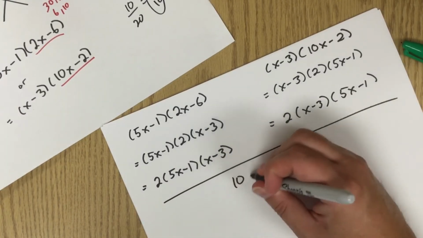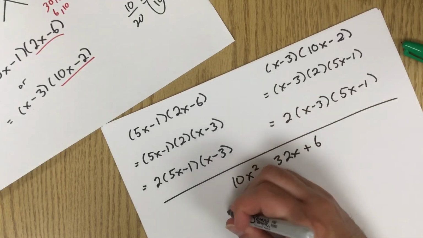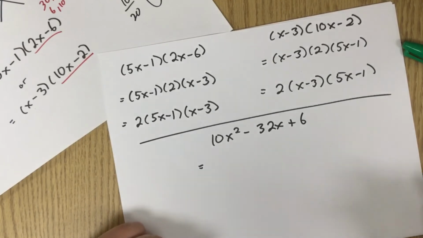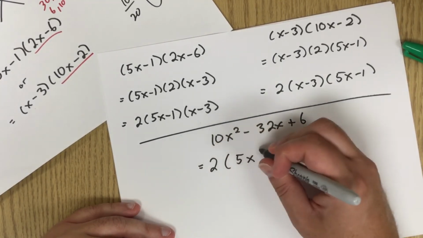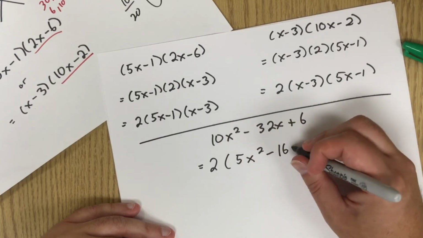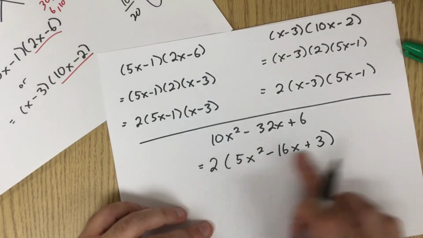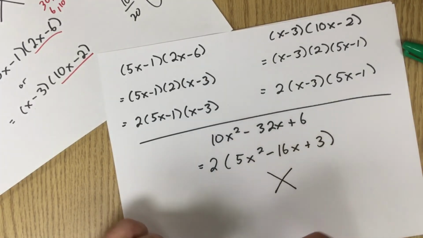So if we had 10x squared minus 32x plus 6, what we probably should have done is noticed that there's a common factor right in this. So there's a 2 common factor, which will leave us with 5x squared minus 16x plus 3. And then all we have to do is complex factor this one over here.